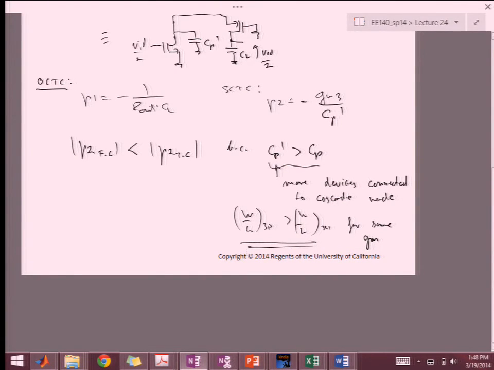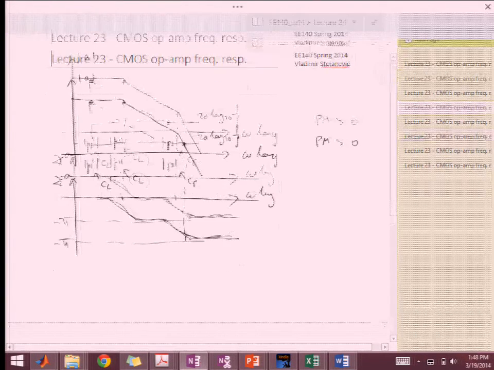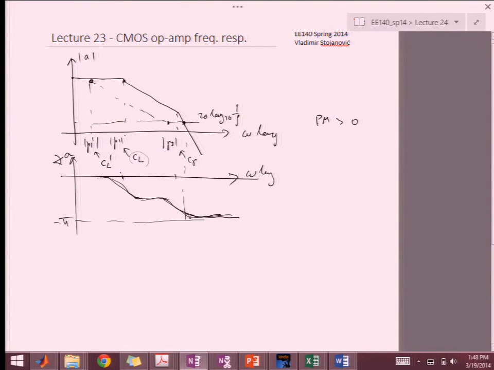So if you look at the characteristics that we had over here, your unity gain bandwidth, meaning where you want to cross the 1 over F, you always want it to be sort of below P2 just to get a reasonable margin.